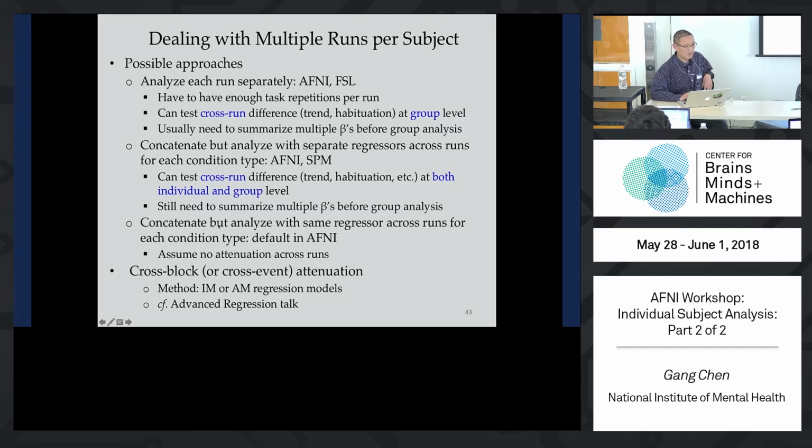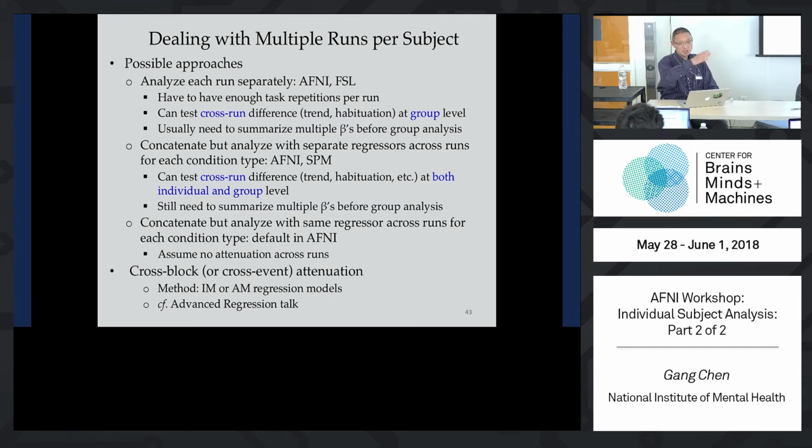If we don't care about cross-run differences, like a habituation effect, or comparing whether the same task has different effects across runs, then by default in AFNI you glue them together. You have multiple runs, and you just treat them as one from beginning to end. Of course, when specifying the data structure, you need to tell the program you do have multiple runs. The practical issue is how you deal with the multiple runs in terms of the slow drift.